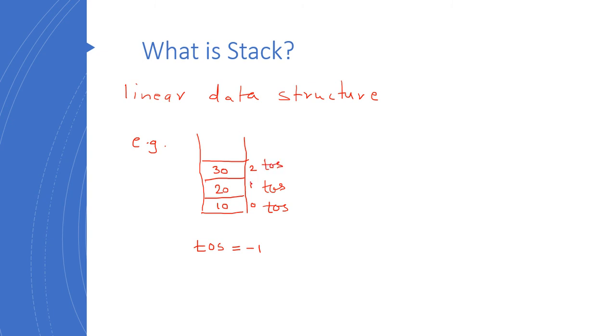The most important thing in this stack is that the last element, 30, is removed first. We can say that it pops first. That means the stack follows the policy LIFO, last in, first out. The data which is pushed last, that is 30, will be removed first, which is called the LIFO policy.